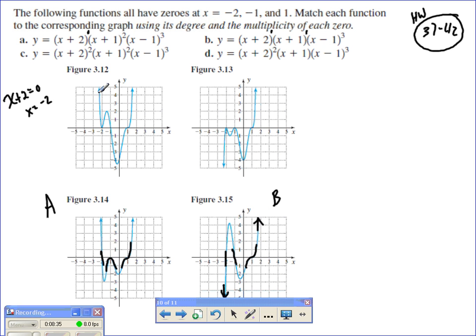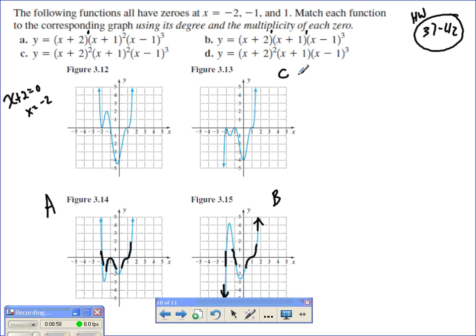The next one you should have found was C, this one over here. If you thought that this one was C, then you might have been misled because it does bounce off at -2, but look at the second one. It should also bounce off at -1, and because the multiplicities add up to 7, we have something that's odd, so it can't be up, up.